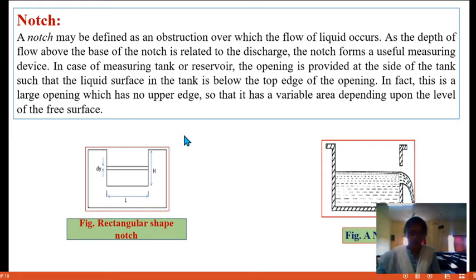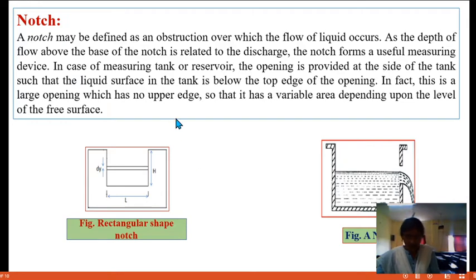The water on either side of the notch, up to reaching this height h, will be stored at the notch only, and does not come to the downstream side.